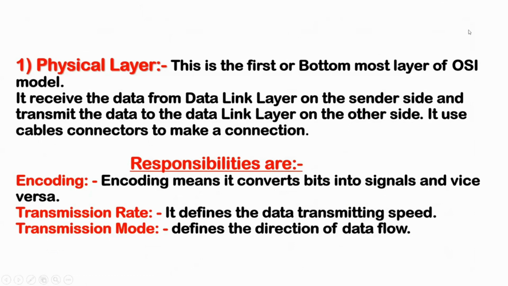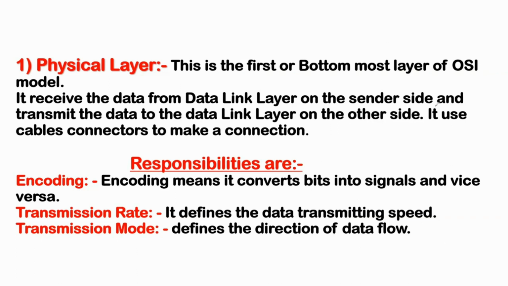It uses the cable and connector to make the connection, meaning all the cables and all the connections. In any network we have cables and connectors, or if wireless, a wireless NIC. All the NICs, cables and connectors work on this physical layer.